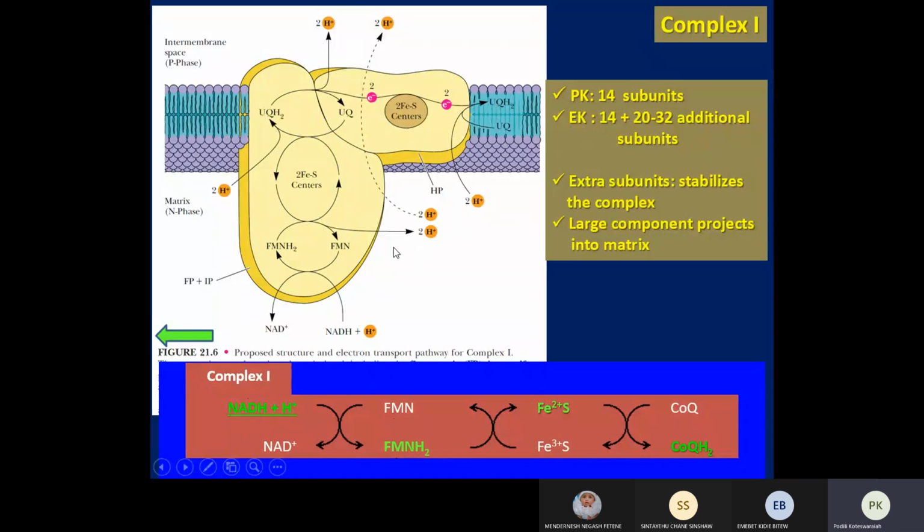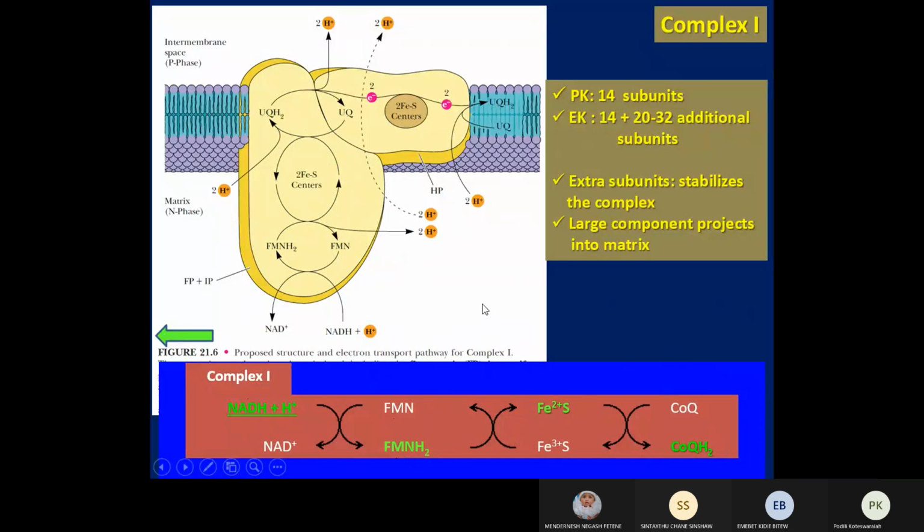This FMNH2 releases these electrons to the iron sulfur clusters, in which the iron is reduced from Fe3+ state to Fe2+ state, and these iron sulfur clusters further transfer this electron to coenzyme Q. The coenzyme Q and the ubiquinone are the same, so the ubiquinone becomes ubiquinol.